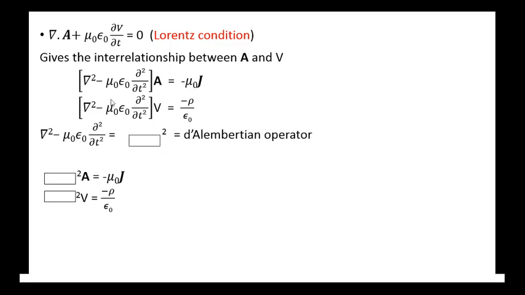It's an operator. See, del square and dou square by dou t square is acting on A or acting on V. So that operator is known as D'Alembert operator. So substituting with this symbol, we can write box A is equal to minus mu 0 J and box V is equal to minus rho by epsilon 0.